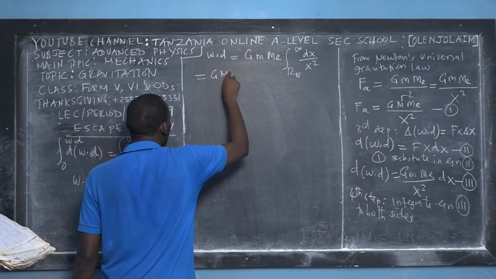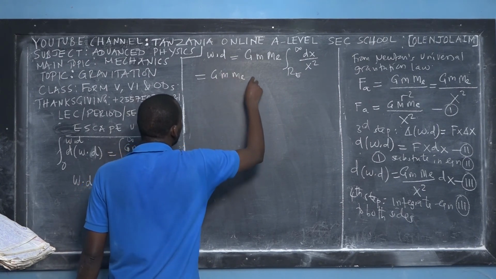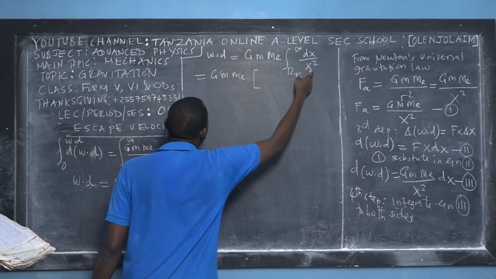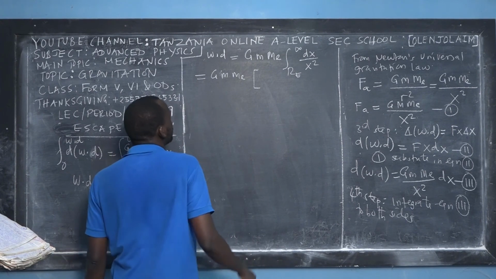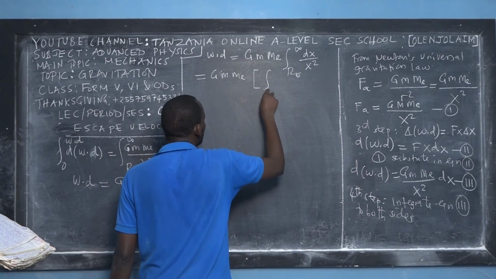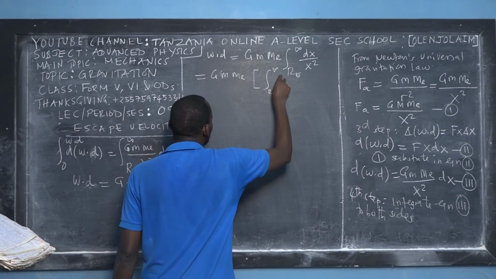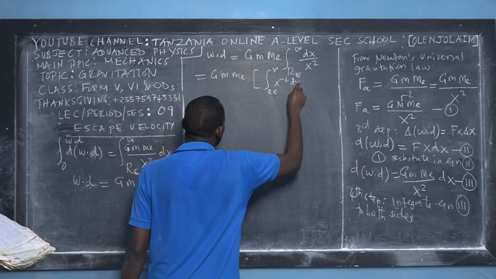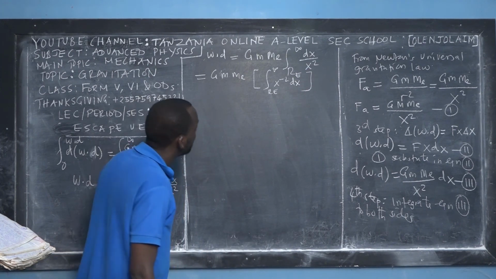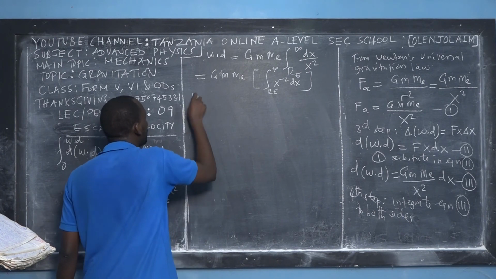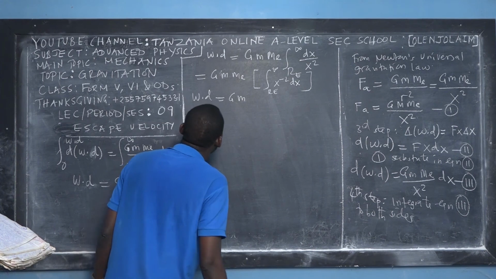The x squared should be a numerator. So we integrate from RE to infinity, listen carefully, x to the power negative 2 dx.